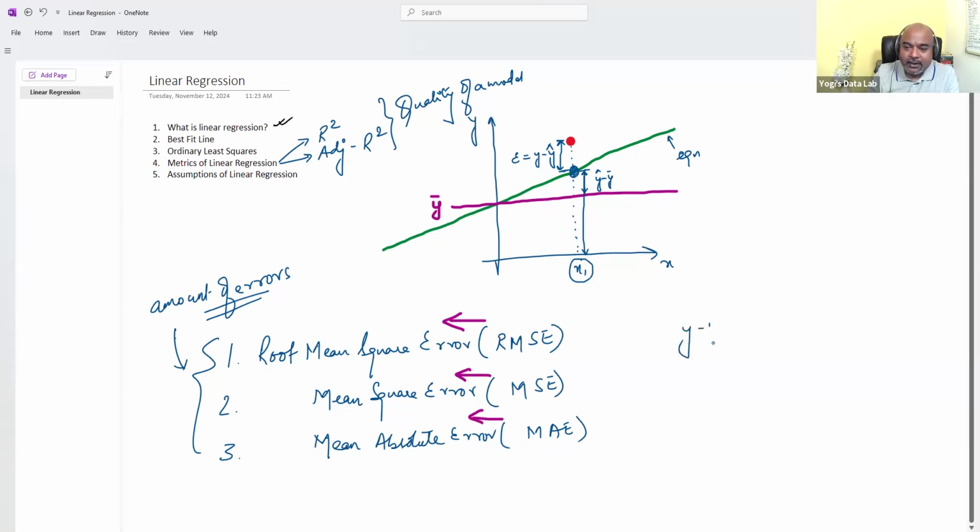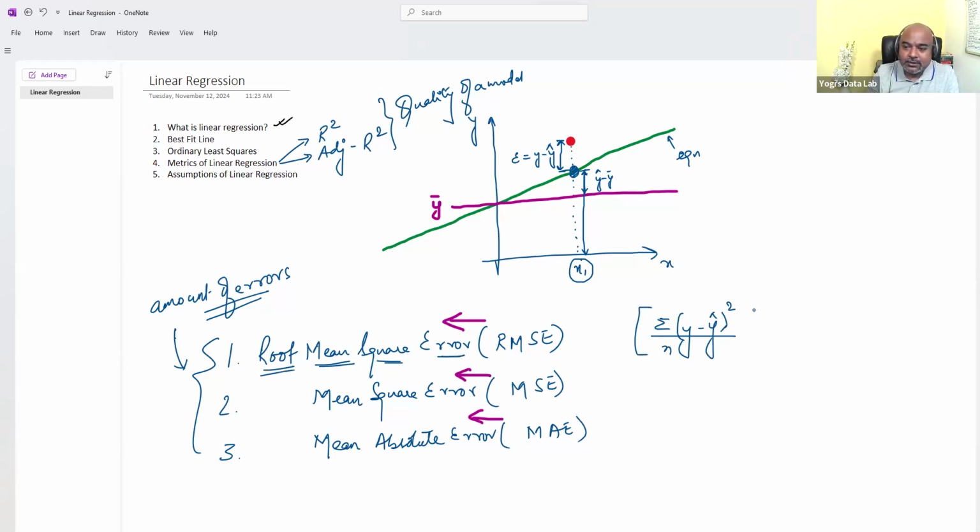It is y minus y cap. So this is done. What is the next term? It is square. What is the third term? It's mean, so it becomes summation by n. And what is the fourth term? It is root, so this is square root. So this is the formula for root mean square error.